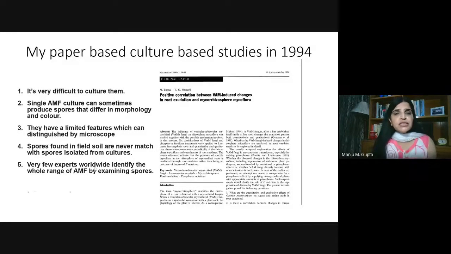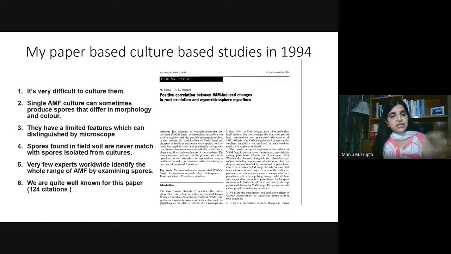This paper of mine is quite well accepted; I have even now 124 citations of this paper. So finishing this one till here, I was doing most of the studies based on culture, and I used to culture them, observe them under the microscope, and try to identify them. And we were confused because the classification was not accurate.